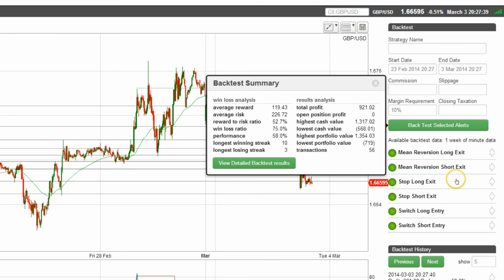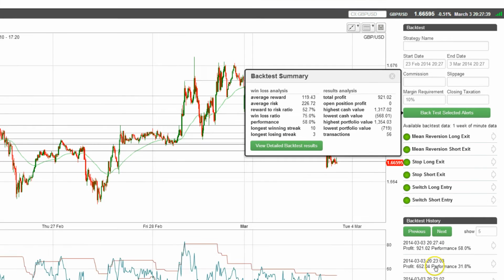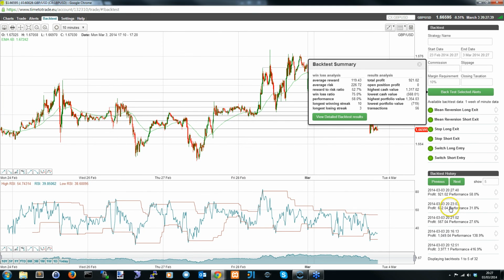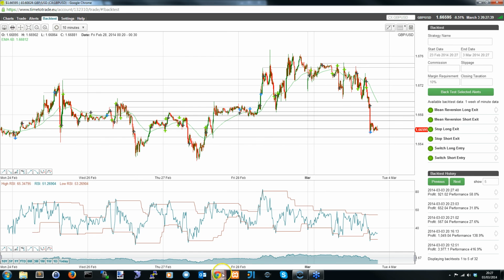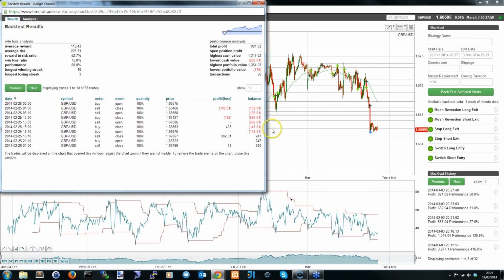Okay, so beforehand with the stops we had a profit of 652, now we're up to 921. So let's take a look on the chart. So it's quite nice and steady.